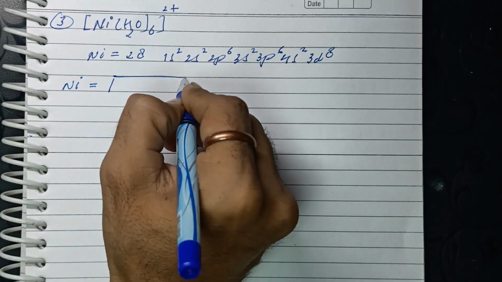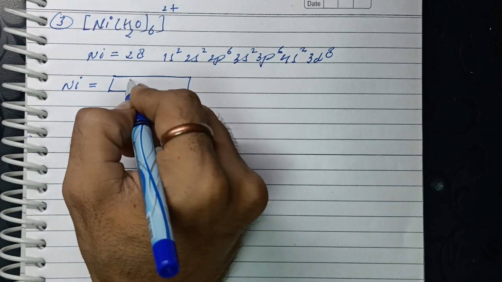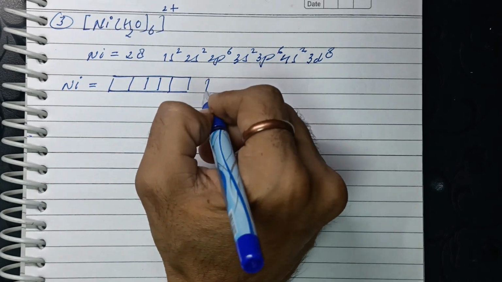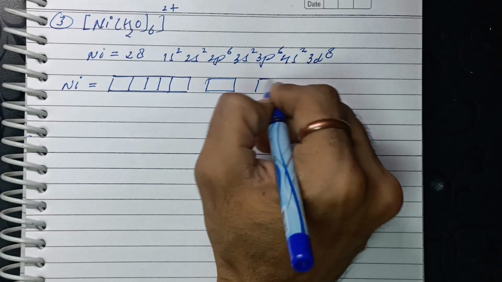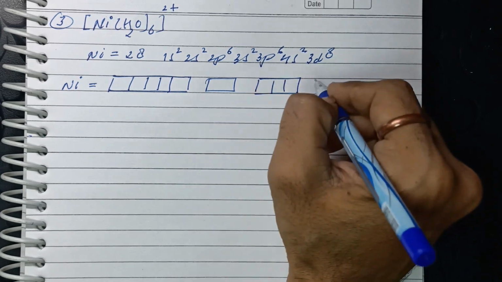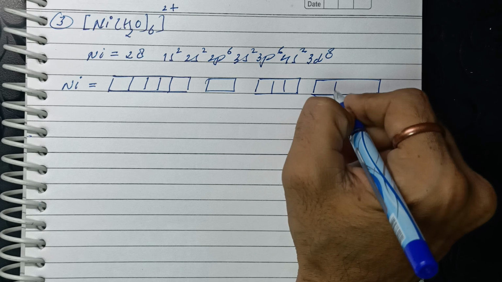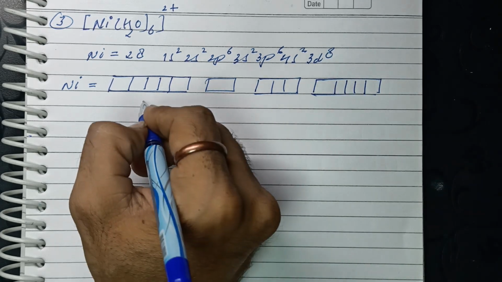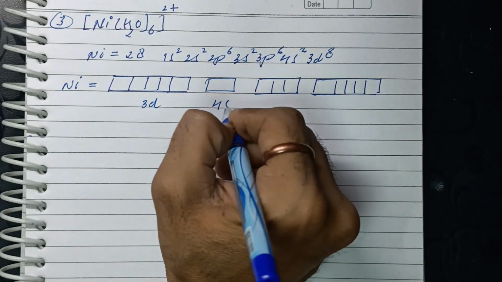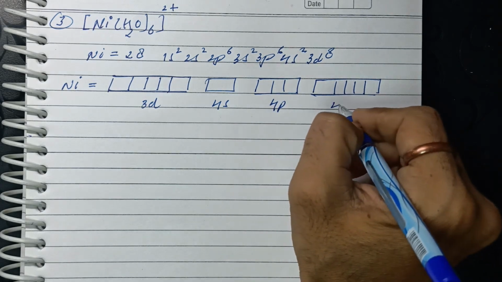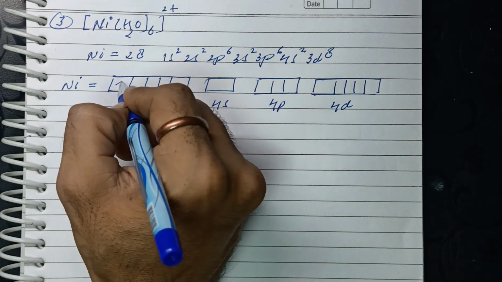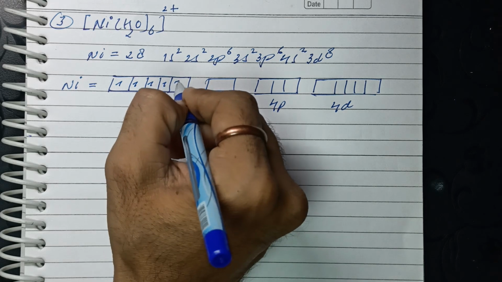For nickel, we have 3d, 4s, 4p, 4d. In 3d there are 8 electrons.